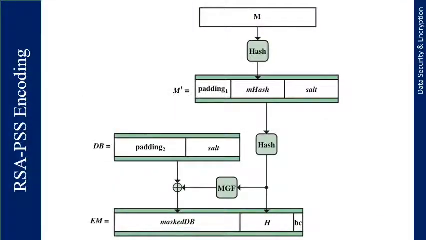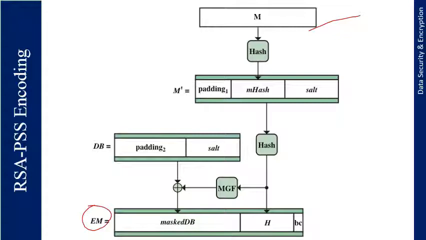The first stage of generating an RSA-PSS signature is to take a message M and generate from M a fixed length message digest called an encoded message, EM. This figure illustrates the process, and we have a number of parameters here.